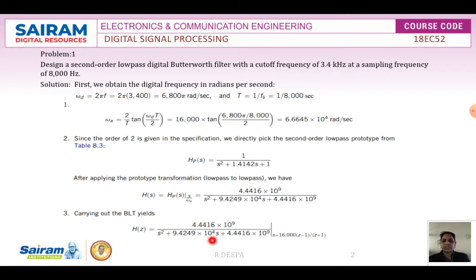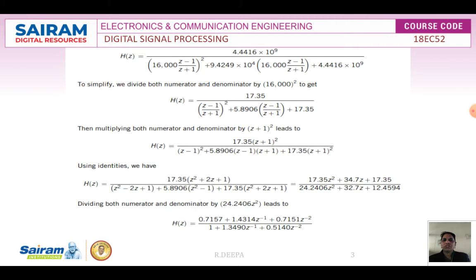Wherever S is there, I am going to replace it with 16,000 into Z minus 1 divided by Z plus 1. After substituting in the given transfer function, that is HA of S, we get the transfer function.